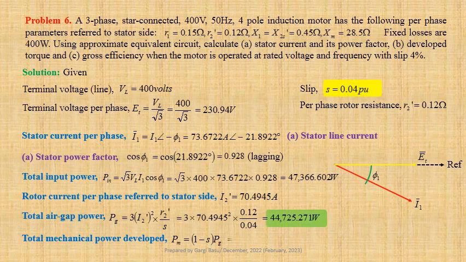Expression for total mechanical power developed: Pm equals 1 minus S times Pg. Using values, we get 1 minus 0.04 into 44,725.271. That gives us 42,936.26 watt.